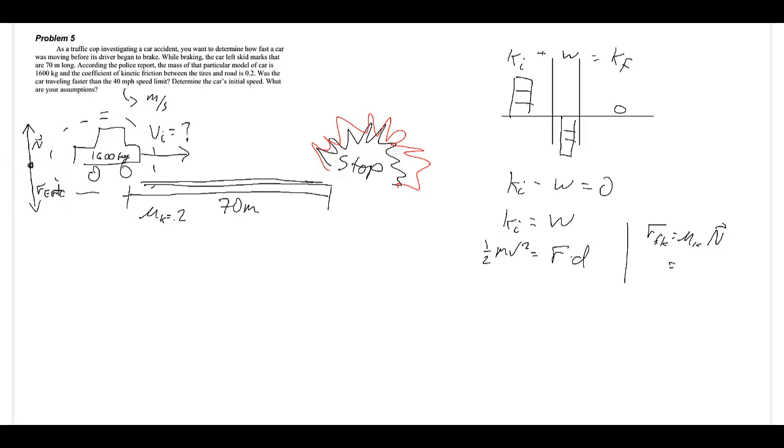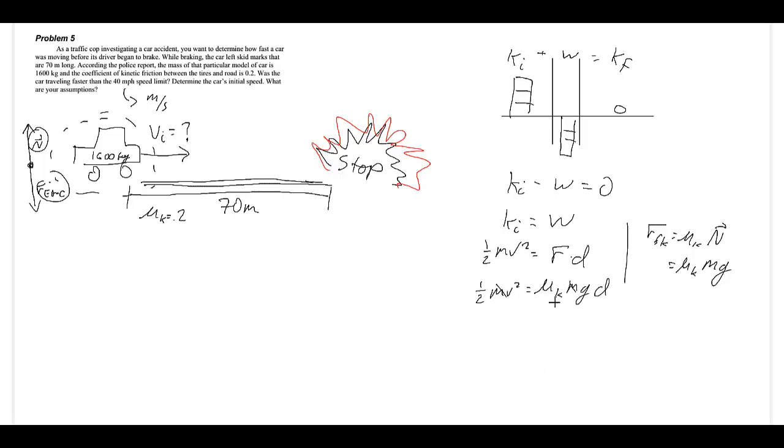Because it is on a flat surface, the force that Earth exerts on it is equal to the normal force. So we can call this mg and plug this back in here. So we've got 1/2 mv squared is equal to mu k mg times the distance.